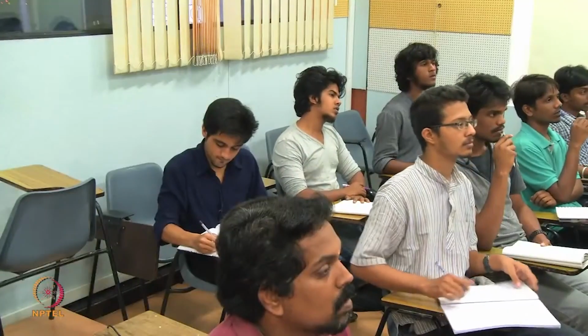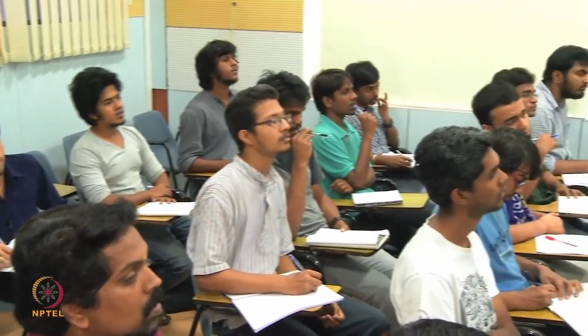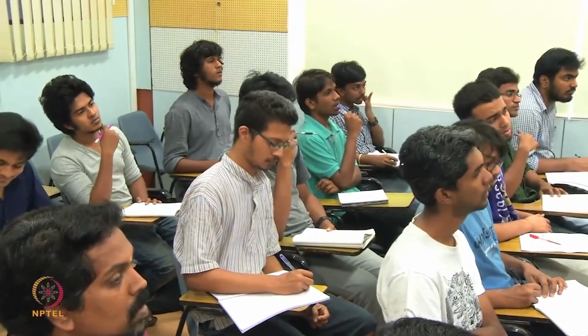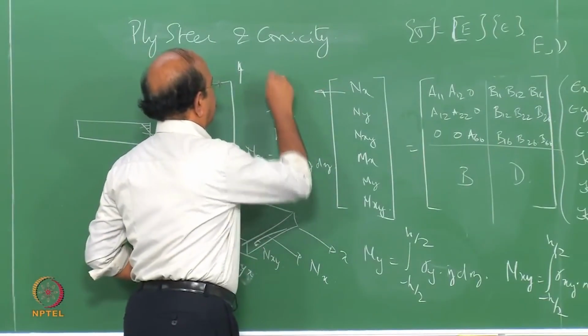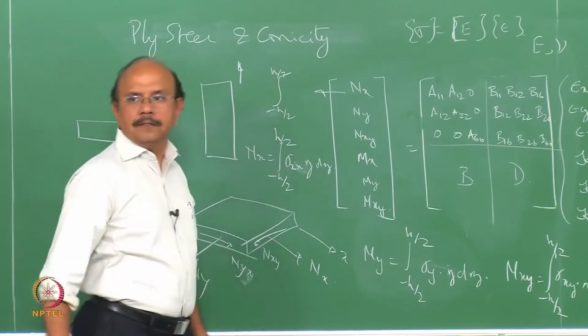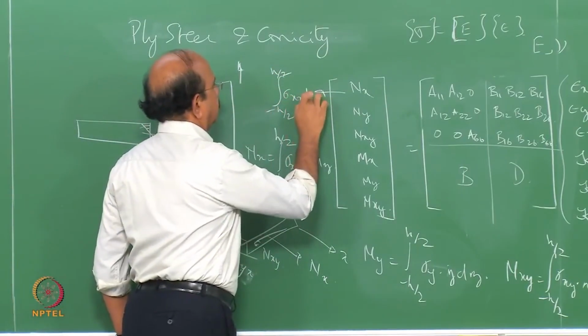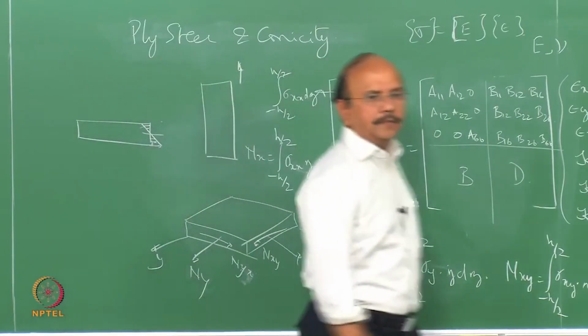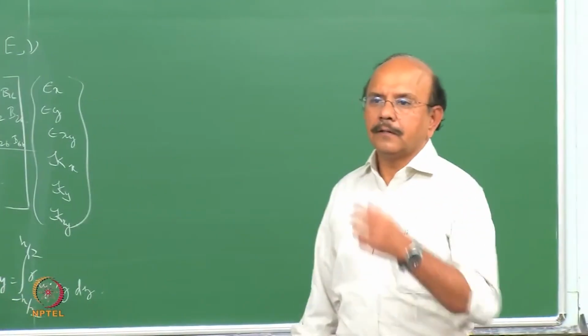Just integrate minus h by 2 to h by 2, the same thing. If Mx is like this, Nx is that. That's it. Clear? Okay.